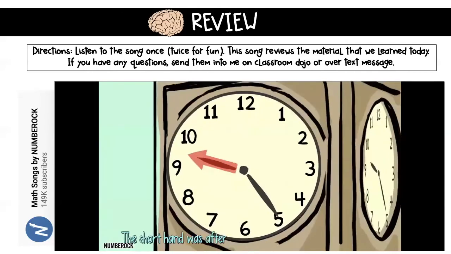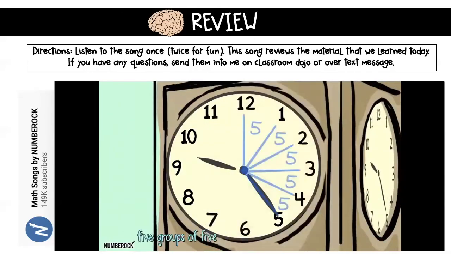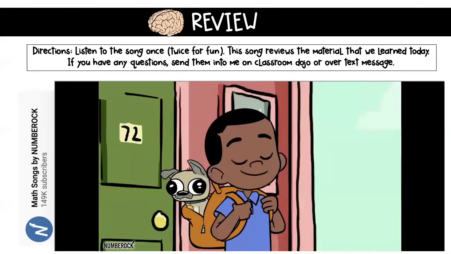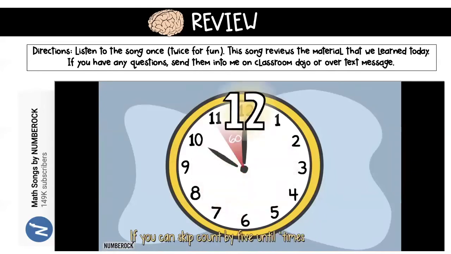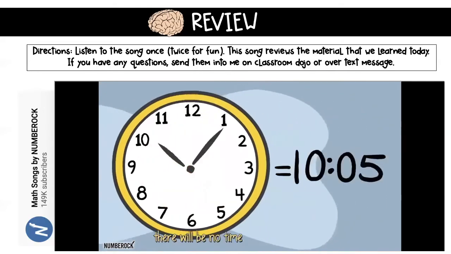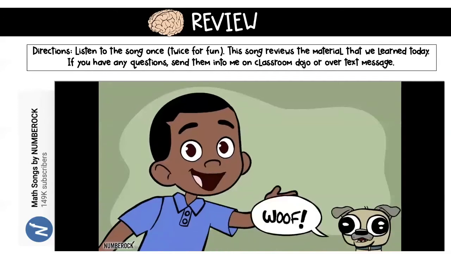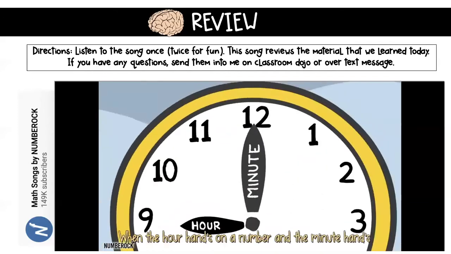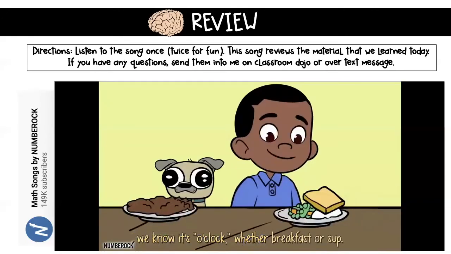The short hand was after 9, then 1, 2, 3, 4, 5. 5 groups of 5 meant it was 9:25. If you can skip count by 5 until time's 12, there will be no time that you cannot tell. When the hour hand's on a number and the minute hand's up, we know it's o'clock, whether breakfast or supper.